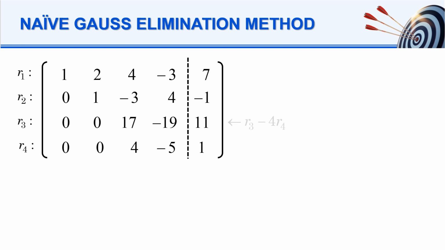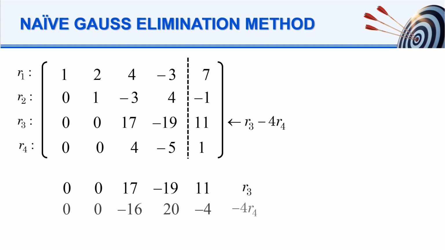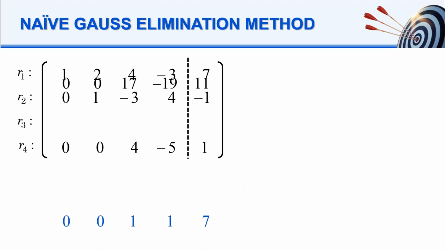This would normally not be done in computerized algorithms. The new row, with the pivot as 1, replaces the third row.